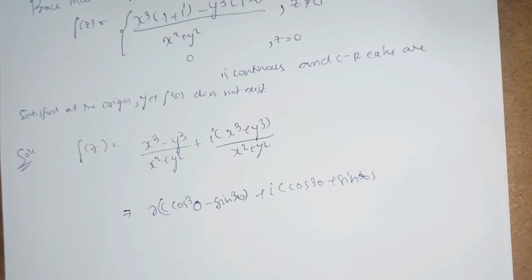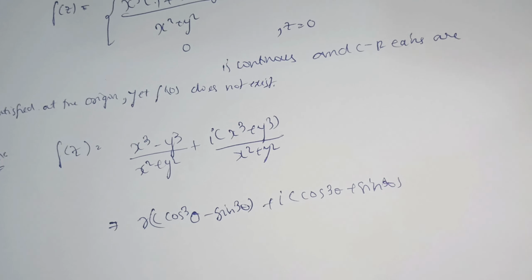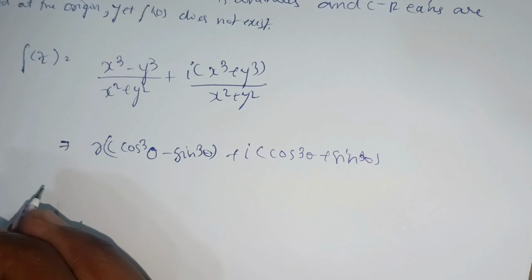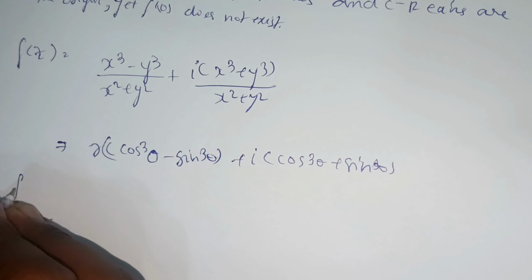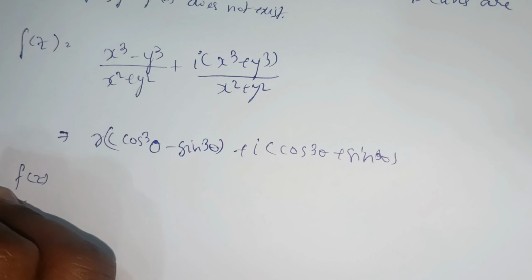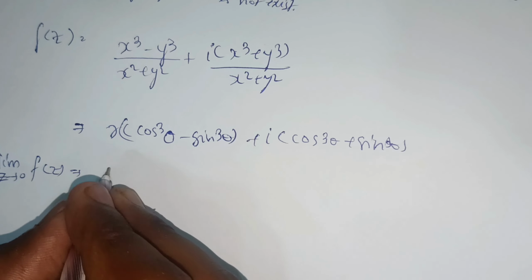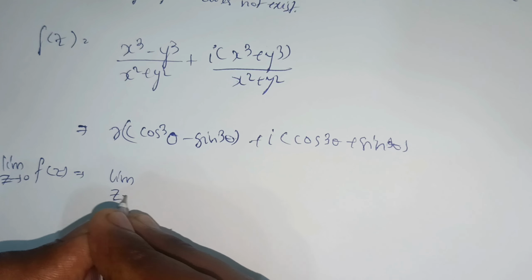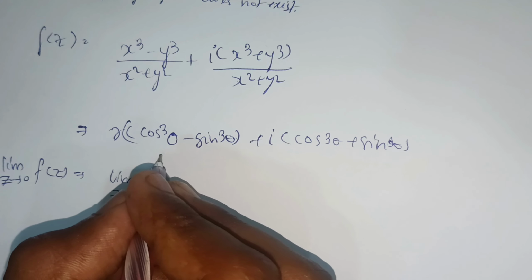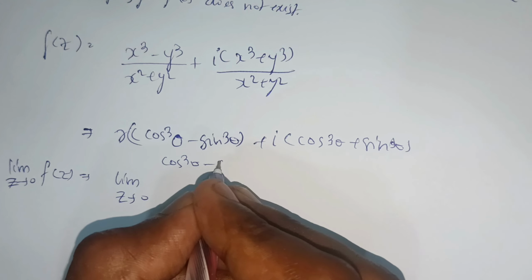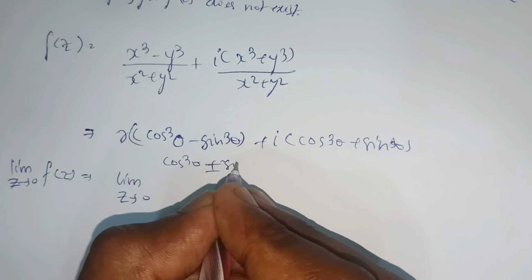For this, we should find the value of the limit so that we can understand the continuity of the given function f of z. Here the limit of f of z as z tends to 0 involves cos cube theta plus or minus sin cube theta.